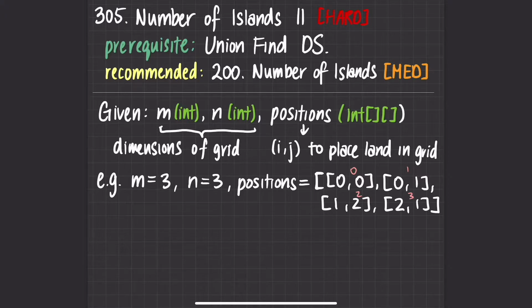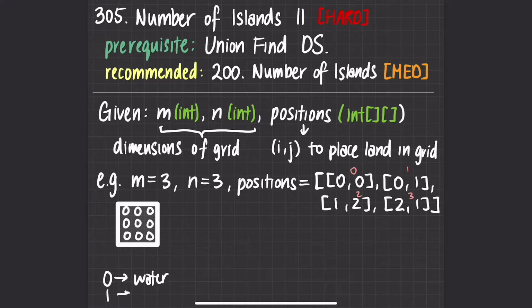Let's say you're given m equals 3 and n equals 3. This means you start off with a 3 by 3 grid, like so. And to start off with, all plots of your grid are going to be 0, where every single 0 represents water and 1 represents land.